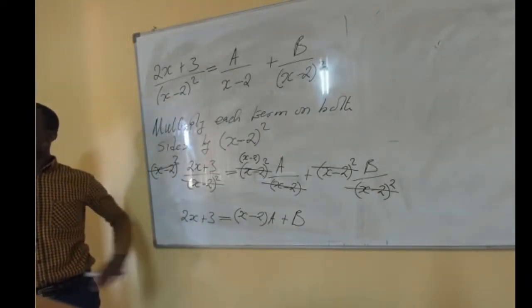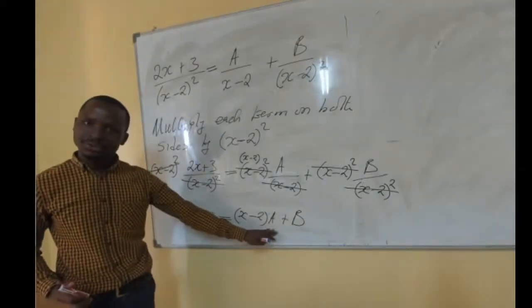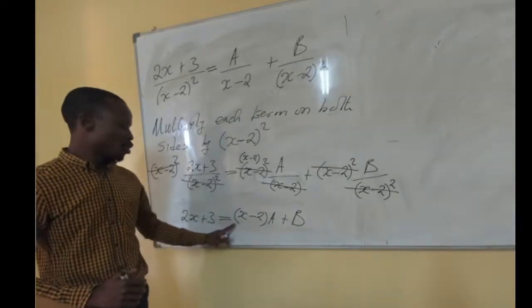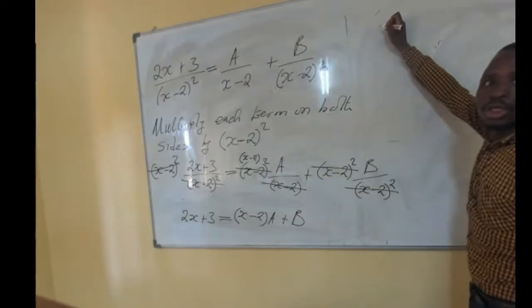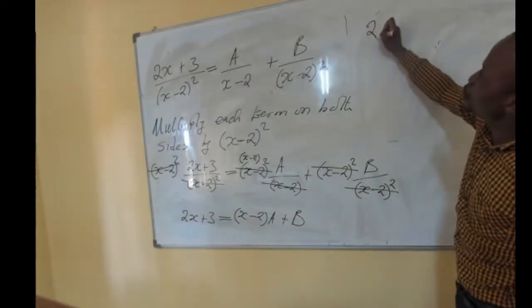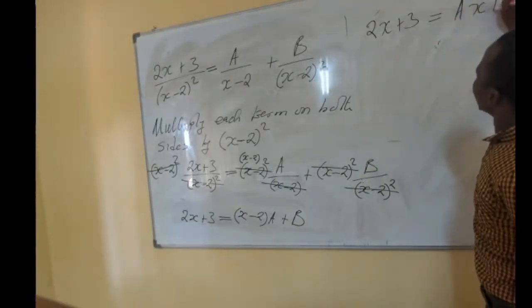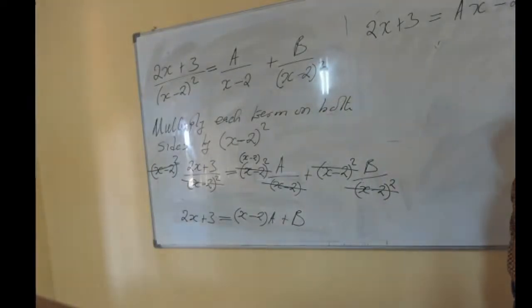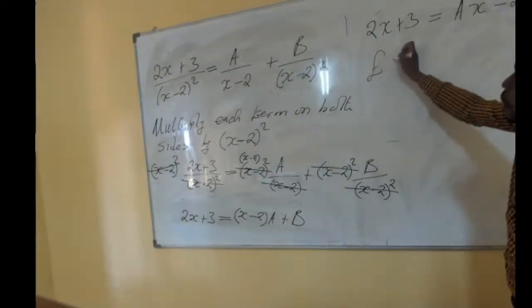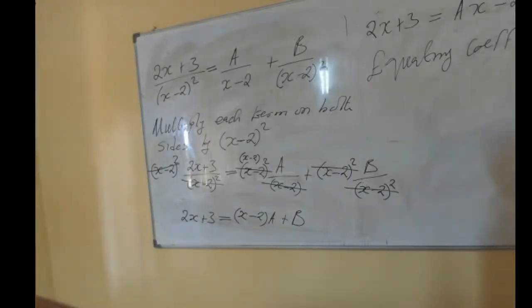The next step that you're supposed to take is let's just expand this so that we can equate coefficients. When we expand x minus 2 times a, what you're going to get on the left-hand side, it will be fixed. On the left-hand side, we have 2x plus 3 is equal to ax minus 2a plus b. Now, when we reach this stage, we can just say equating the coefficients.